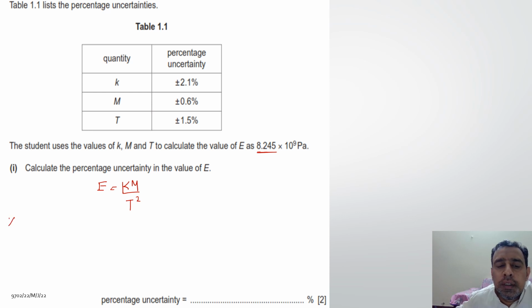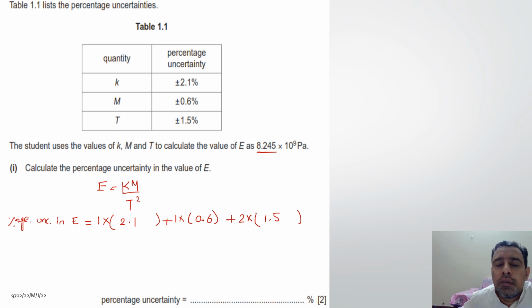So the percentage uncertainty in E is equal to the power of K, which is 1, multiplied with the percentage uncertainty of K, that is 2.1, plus the power of M, which is 1, multiplied with the percentage uncertainty of M, 0.6, plus the power of T, which is 2, that means square, so 2 is multiplied with the percentage uncertainty of T, that is 1.5.